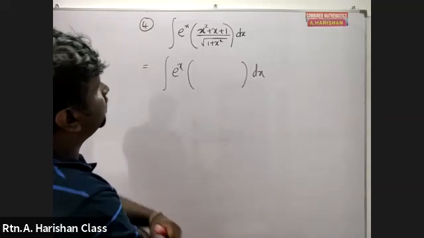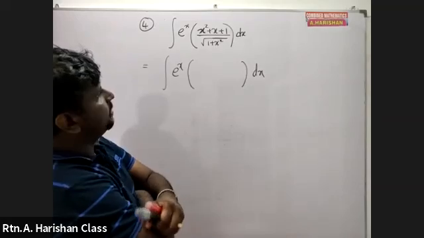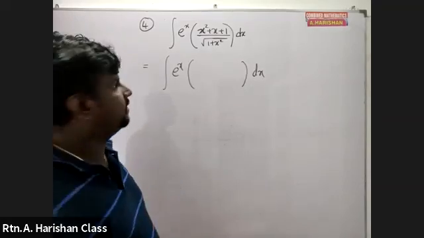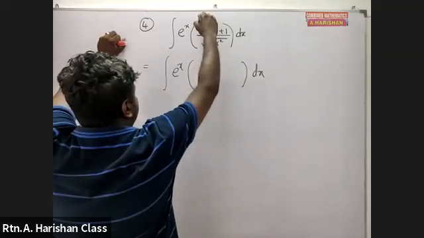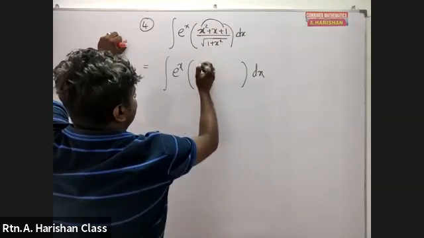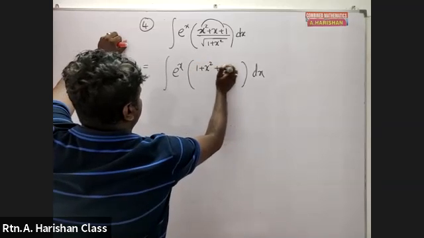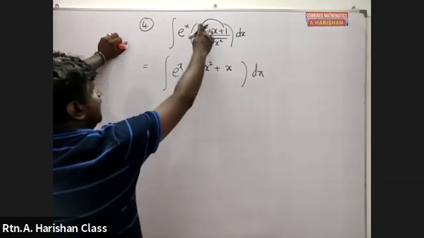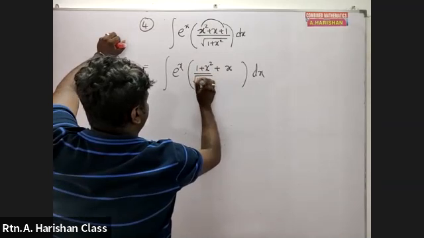So there are many methods. What you can do is here you can do like this. Square root is there, no? So take this and this. So I can write 1 plus x squared plus x, and I can individually divide.